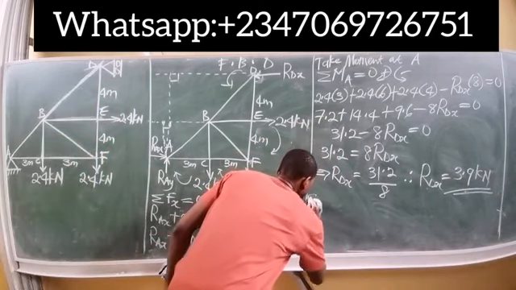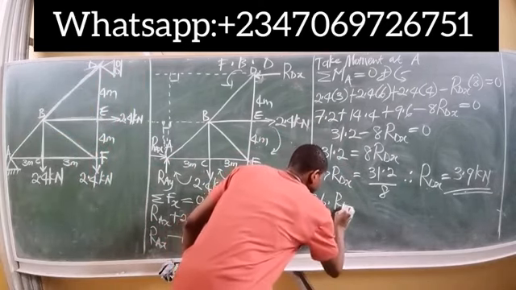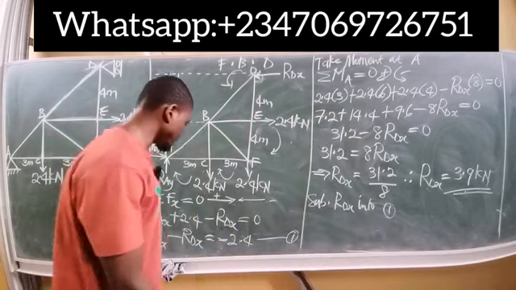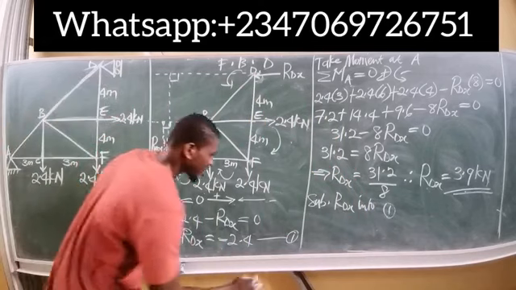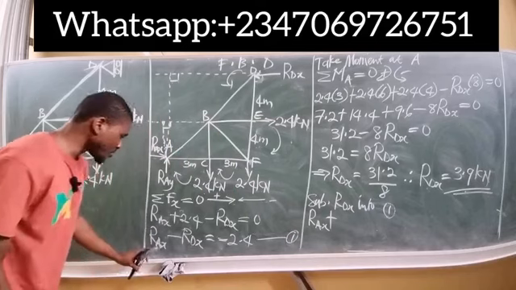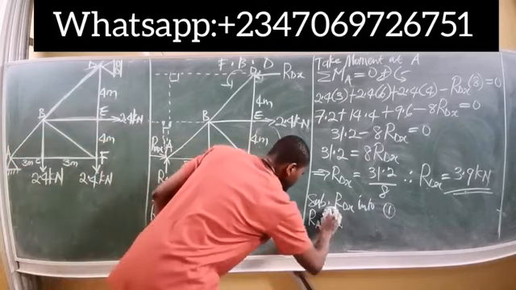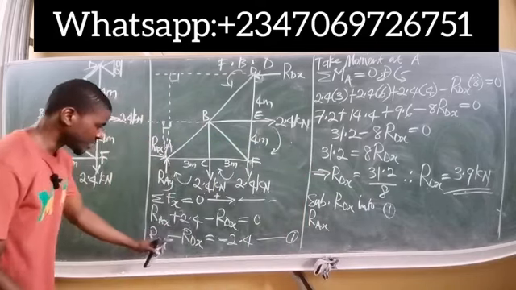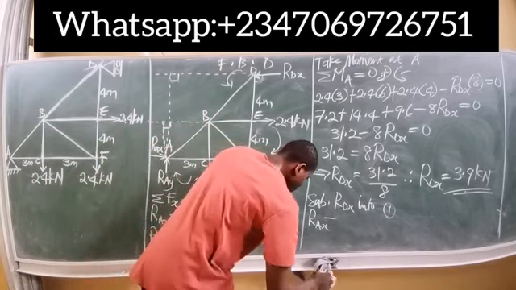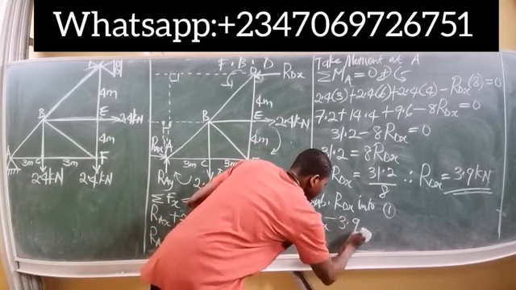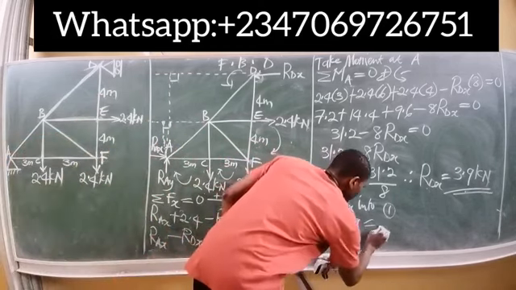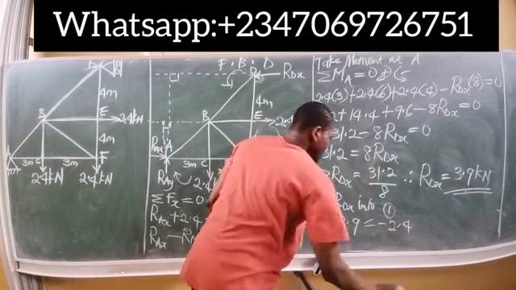Okay, so substitute RDX into equation 1. If we do that, from equation 1 we have RAX, this is simply RAX plus, okay, minus RDX. So simply minus RDX now gives us 3.9. So minus 3.9 is now equal to, here we have minus 2.4 minus 2.4.